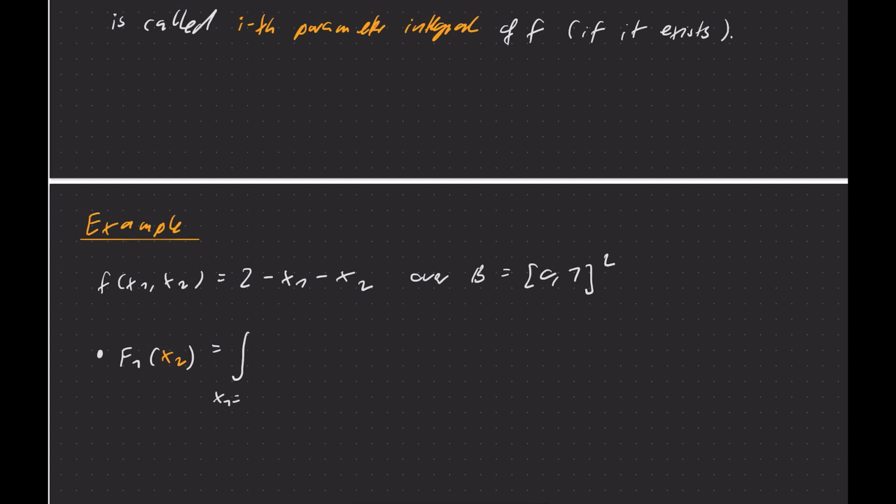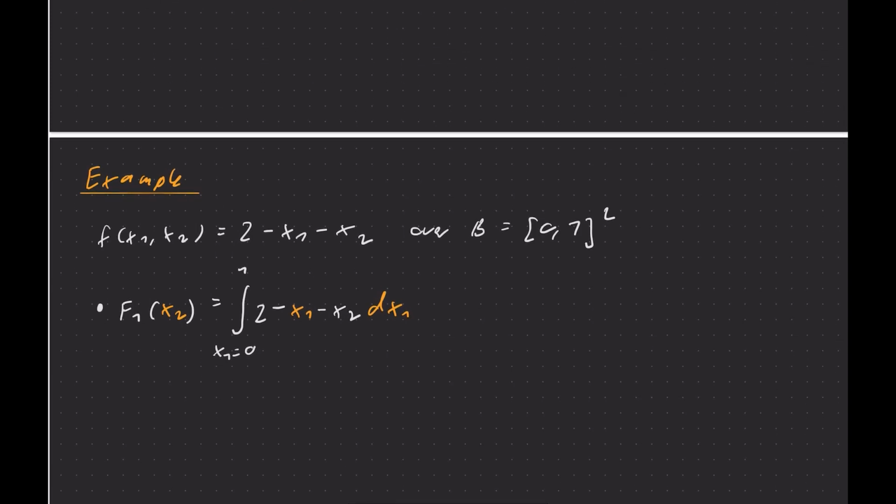So we're integrating x1 from 0 to 1 of that function, 2 minus x1 minus x2, dx1. Okay, so this is that first parameter integral. And of course that can easily be computed. That is 2x1 minus x1 squared over 2 minus x1 x2 for x1 from 0 to 1.